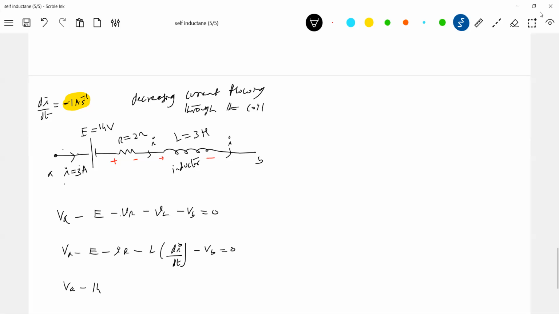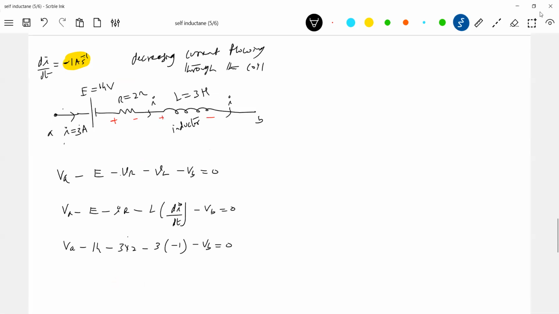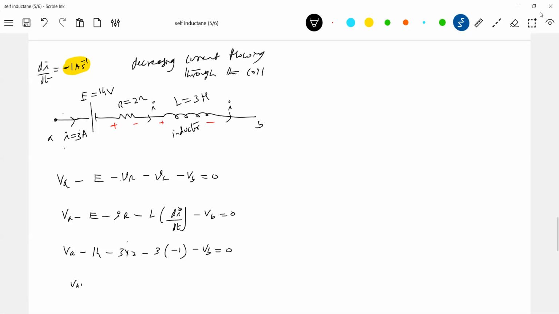This will be 14. This will be 2 into I into R, 3 into 2. The self-inductance of the coil is 3 and di by dt is minus 1. VAB is equal to 20 minus 3, 17 volt.